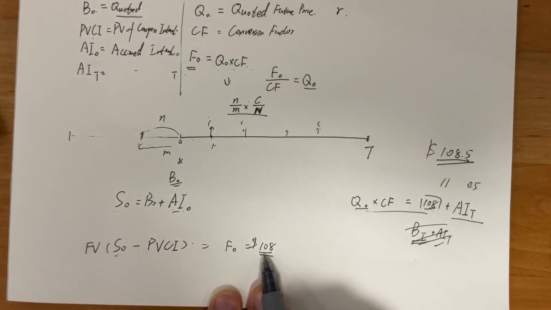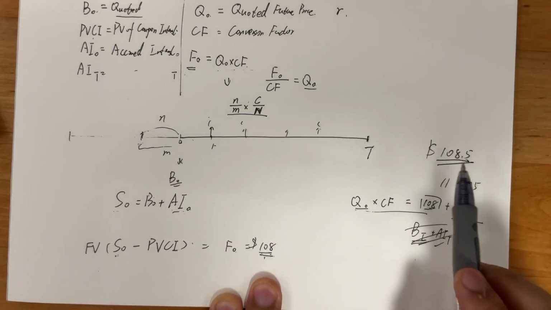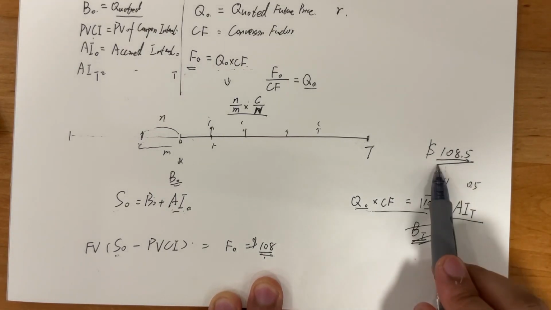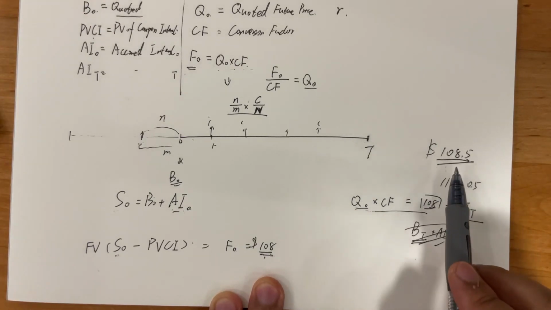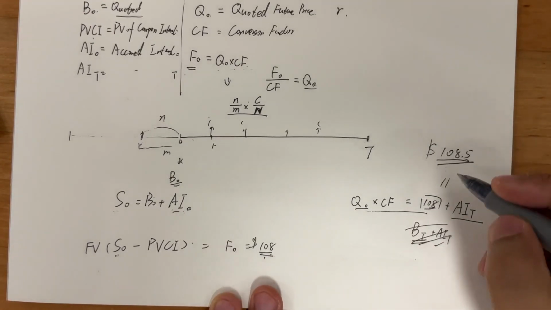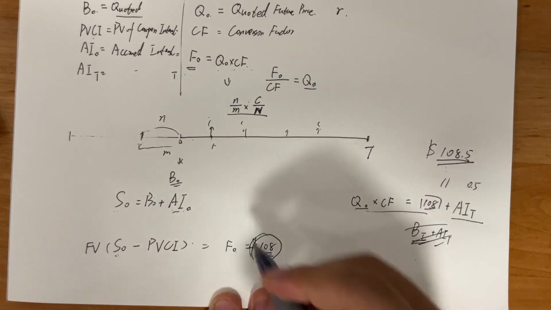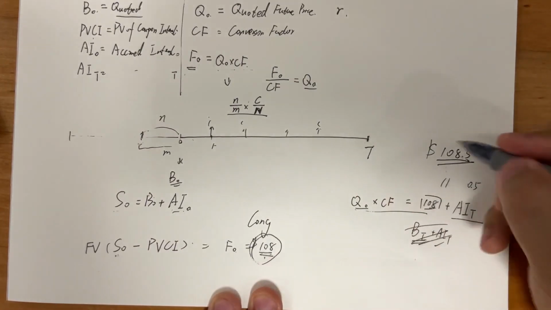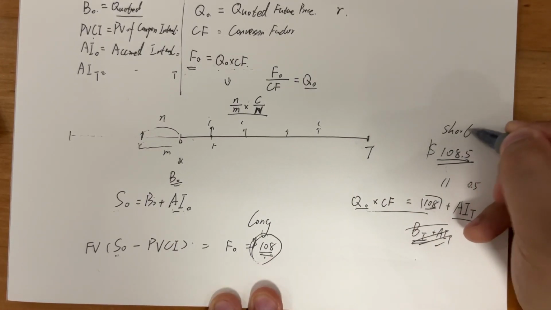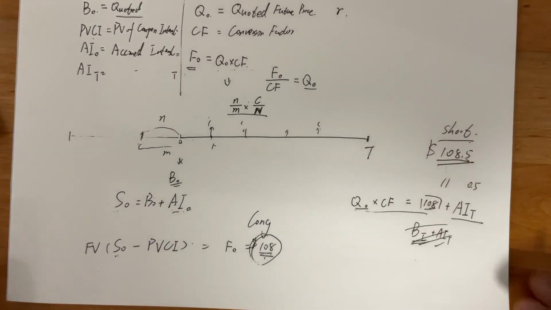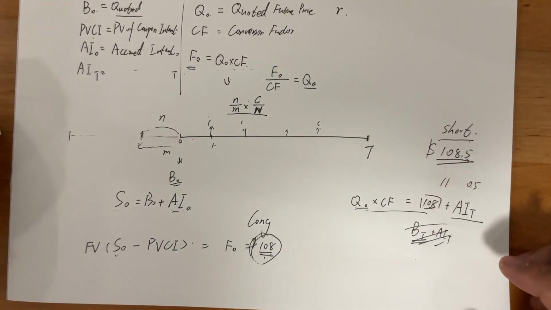So this is supposed to be 108, but you go to the market, you got 108.5. So here, obviously, you're going to buy this, you're going to long this, and you're going to short this. Which means there is the arbitrage opportunity.